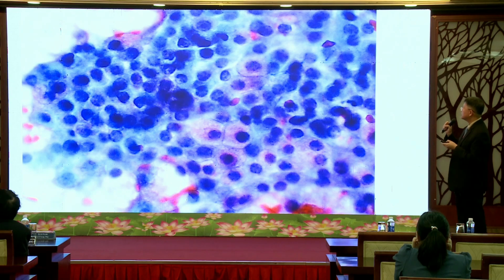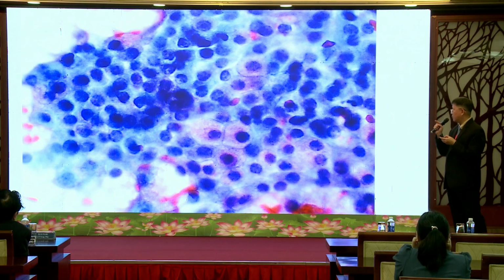So I show you this case. When I got the surgical specimen, I went back to review the cytology again, and I found that the cells were not similar to pleomorphic adenoma. You can see they look polygonal in shape, which is not the typical morphology of pleomorphic adenoma.